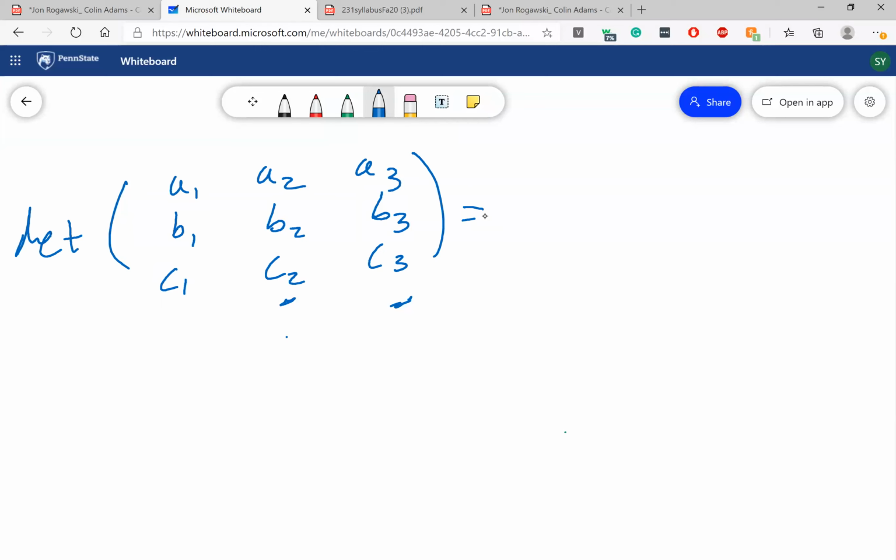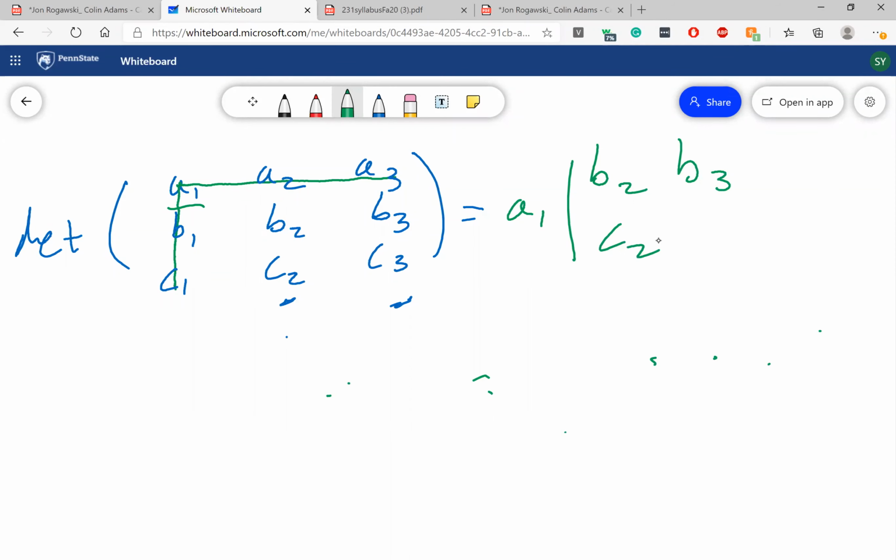Well, you first go to A1 over here, so we're going to write A1, and then we imagine that this line and this line get canceled out from A1, so we're left with this matrix over here. So we multiply by the matrix B2, B3, C2, and C3.